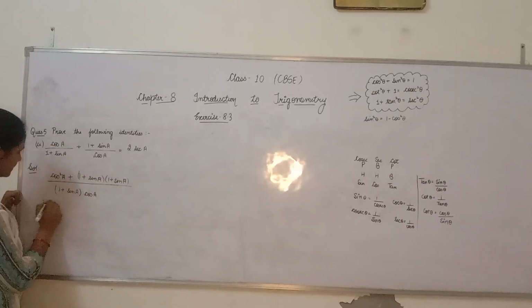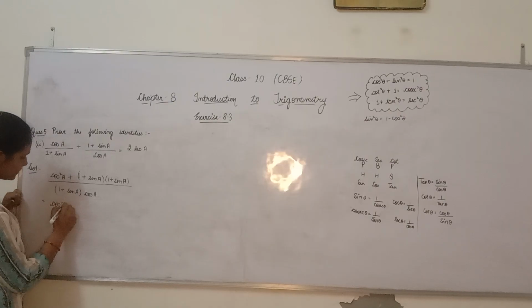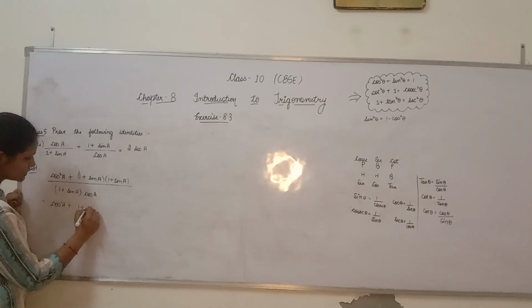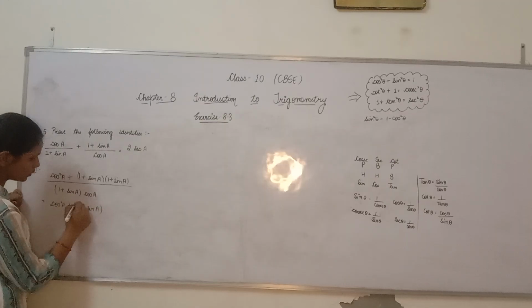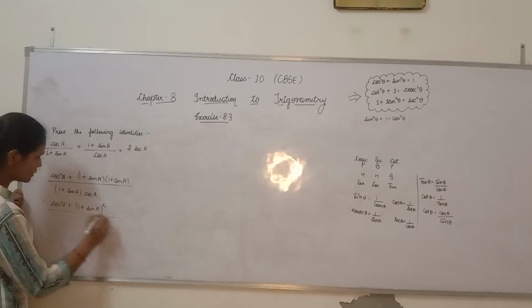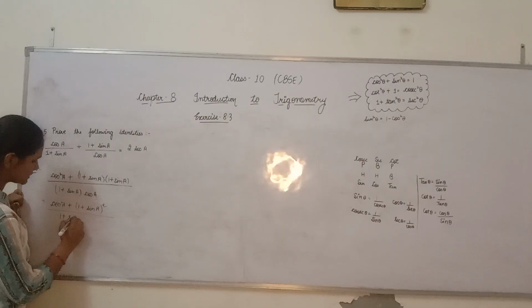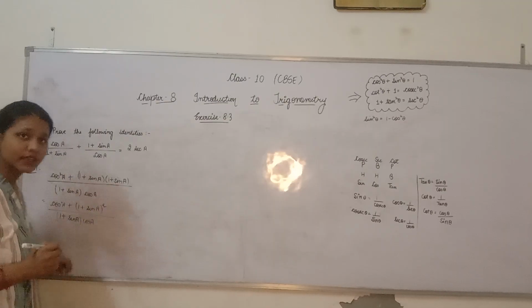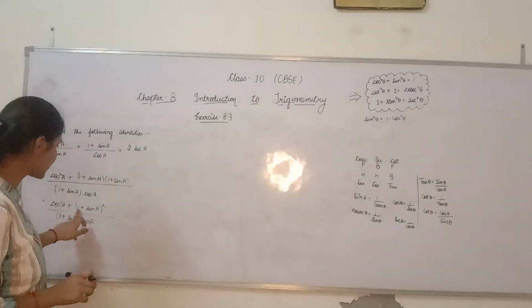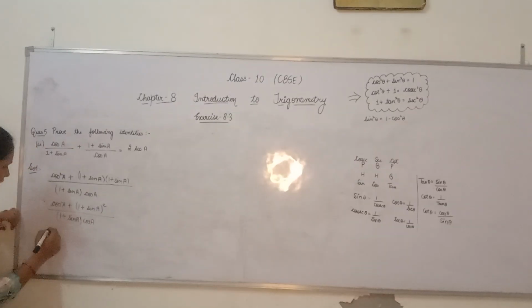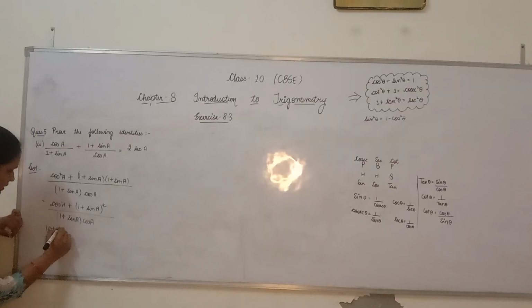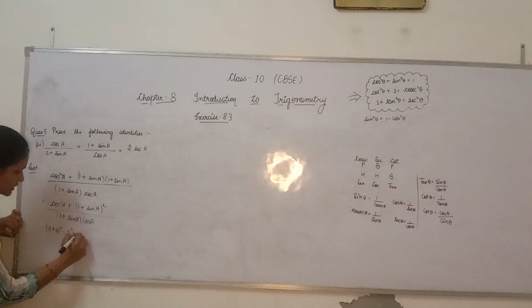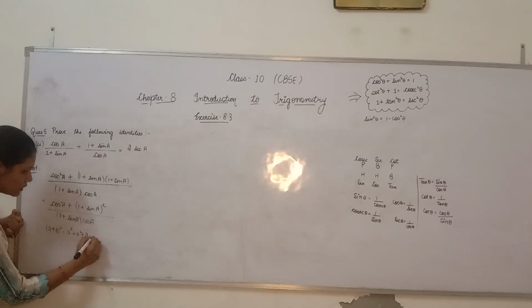It should become cos square A plus 1 plus sin A whole square upon 1 plus sin A into cos A. Here the identity should be used: A plus B whole square is A square plus B square plus 2AB.